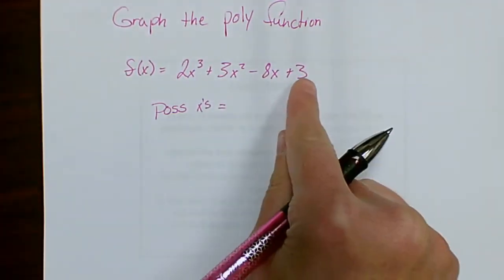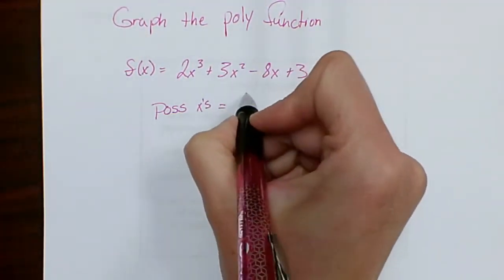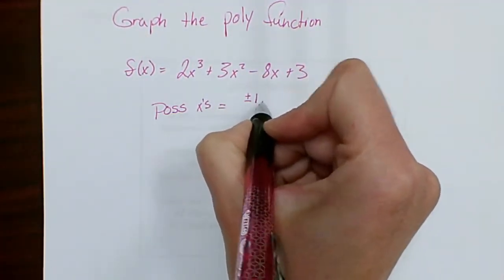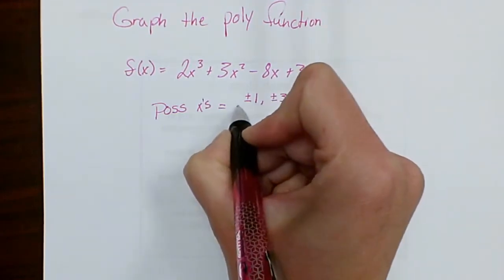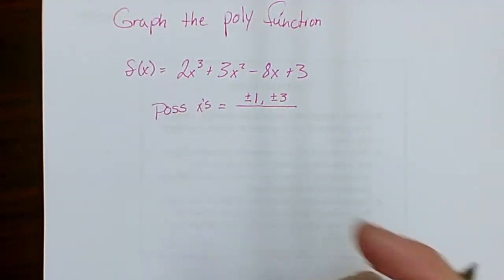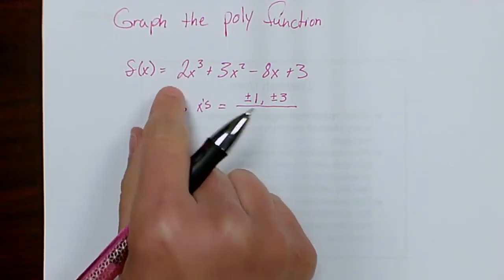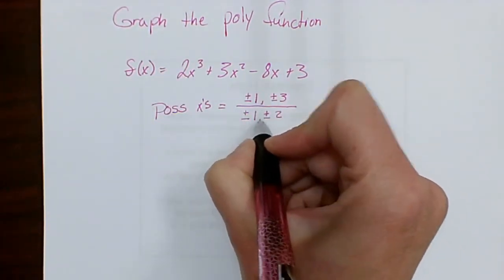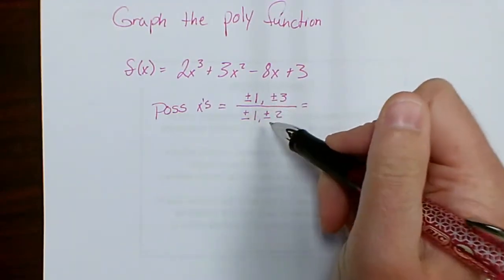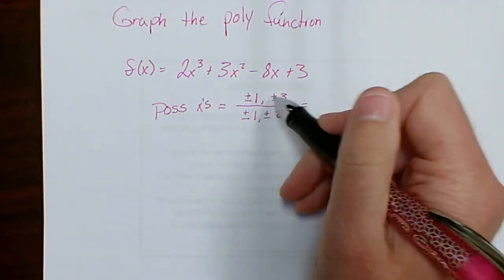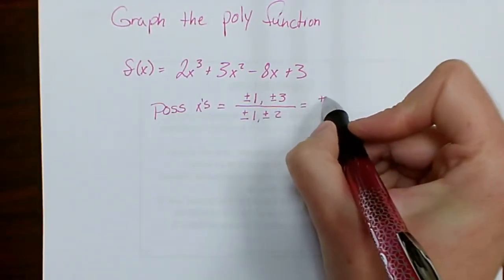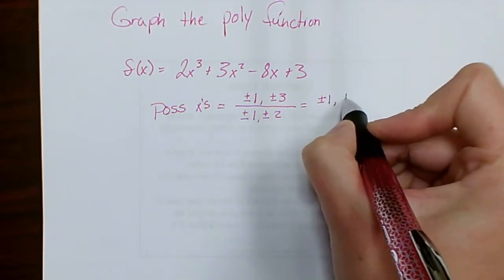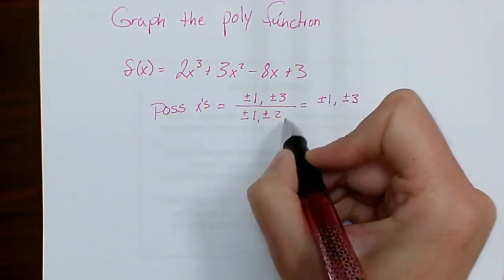So the possible x's, we are going to take the factors of 3, which is plus and minus 1, and plus and minus 3, all over the factors of the leading coefficient. So 1 and 3 divided by 1, that's positive and negative 1, positive and negative 3.